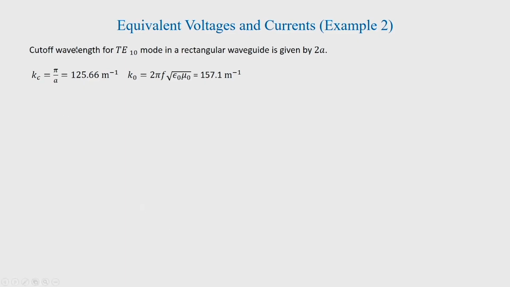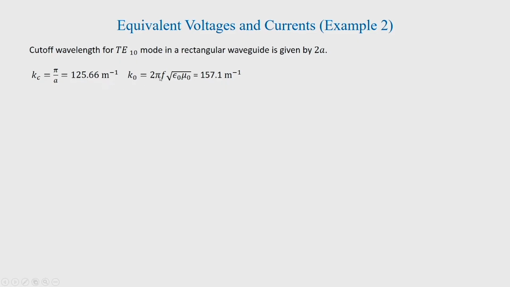Now, the cutoff wavelength for the TE10 mode in a rectangular waveguide is given by 2a, and therefore we can find the cutoff wave number k c, which is 2 pi by lambda c, which becomes equal to pi by a, and for the given dimension a, it can be calculated to be 125.66 per meter.